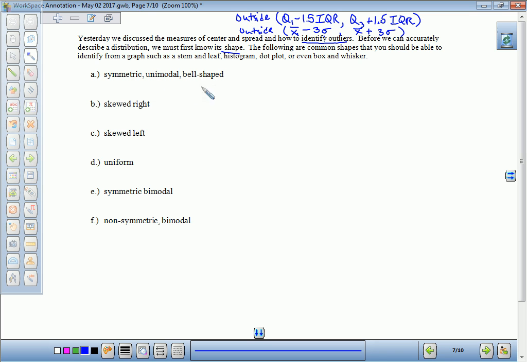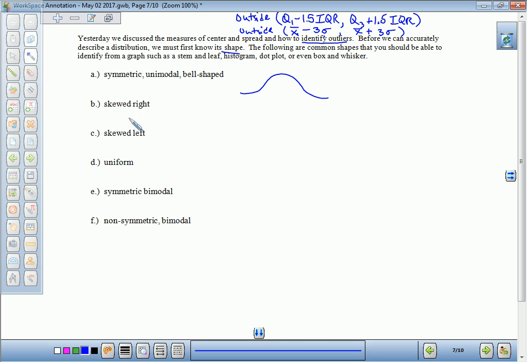So a symmetric, unimodal, bell-shaped curve looks like this, where there is one mode. And when we get to the normal curve, the mean, median, and mode are all the same.